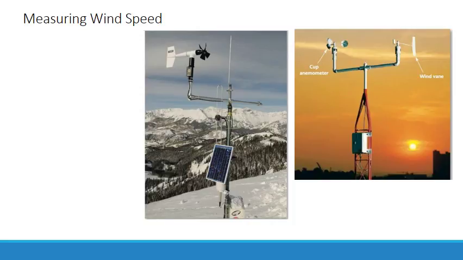That keeps the propeller facing into the wind and allows the blades to rotate at a rate that's proportional to the wind speed. So if the wind is fast, the propeller spins fast, and you make a mathematical adjustment to figure out the exact wind speed.